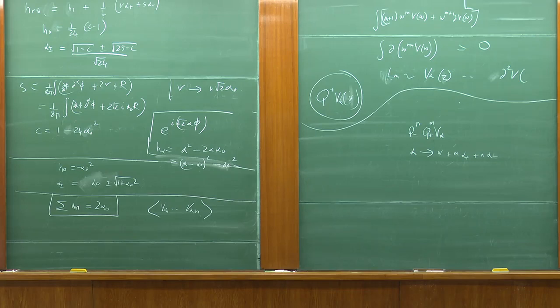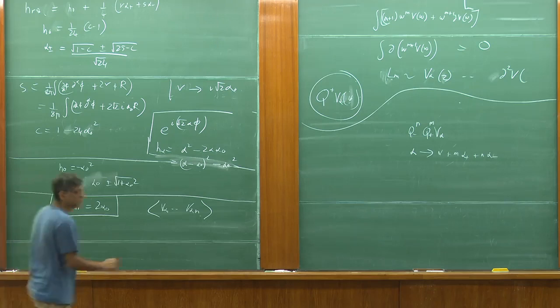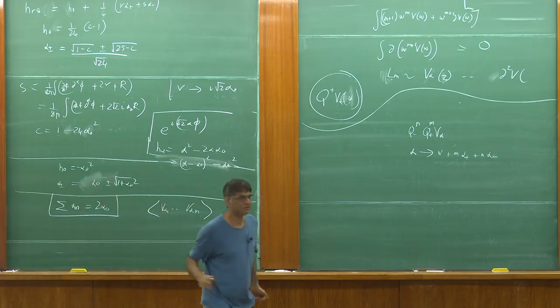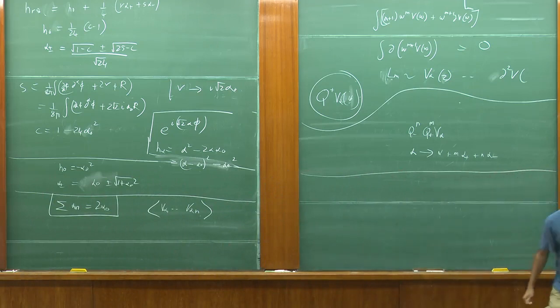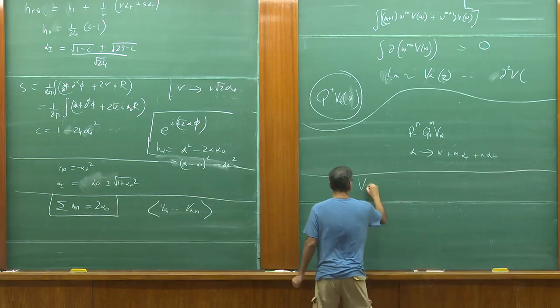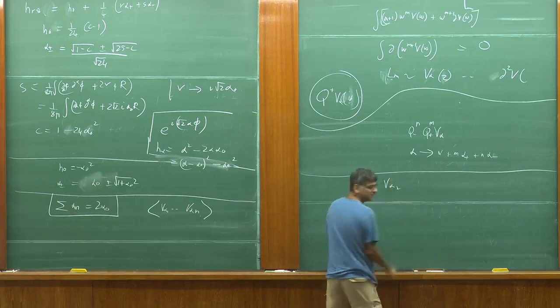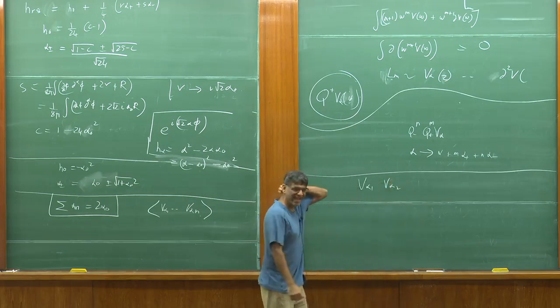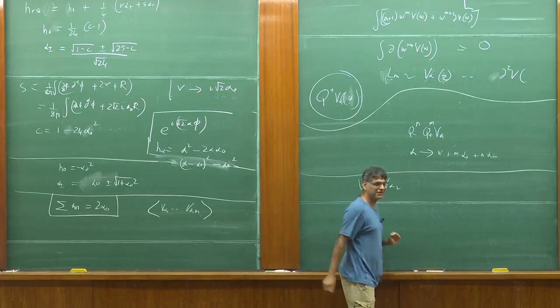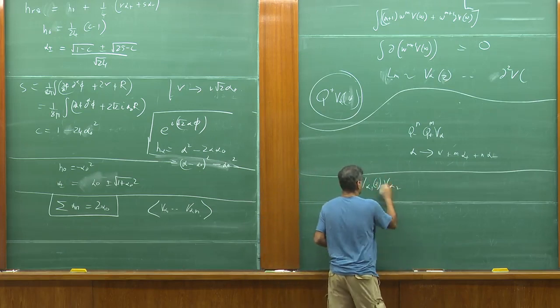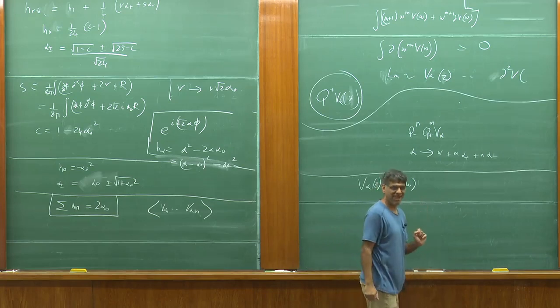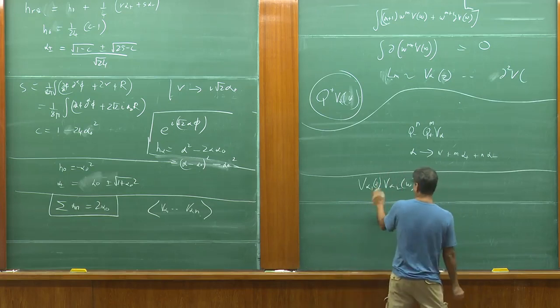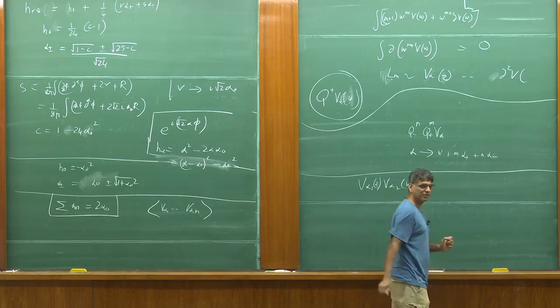I was planning to bring this point up only later, but let's remember that. Suppose I take V alpha 1 and V alpha 2 of Z and W. I do the OPE with this. I can compute the singularity in this OPE.